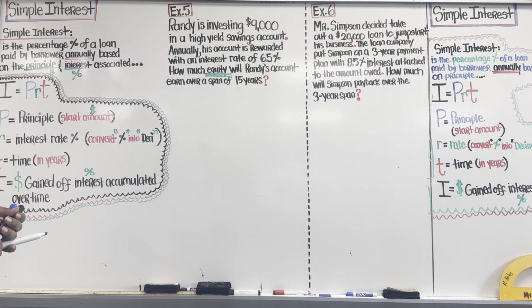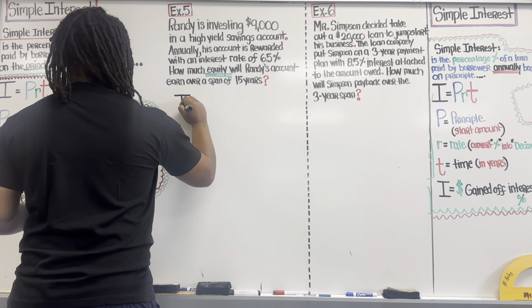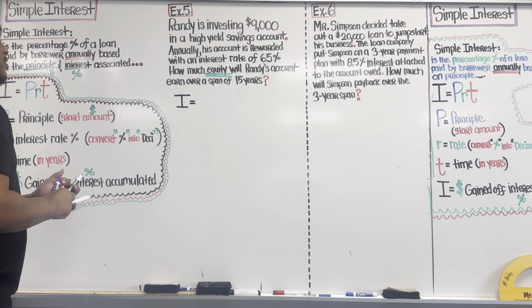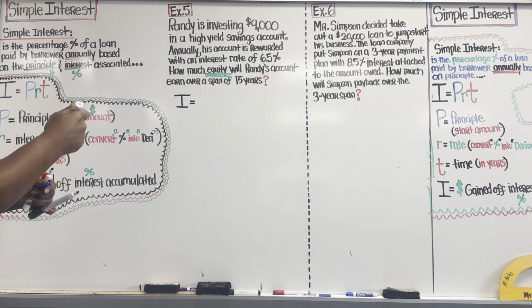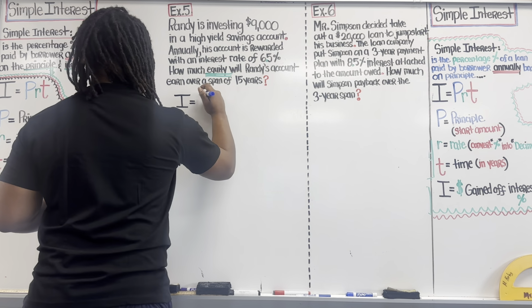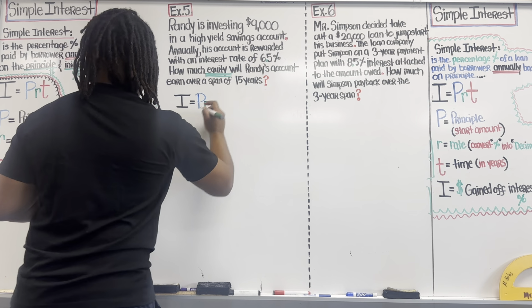So with that being said, guys, of course, when we're looking at simple interest, we have to follow this formula, which is I, which is simple interest, or the value that's gained over time. I equals P, P is the principal or the start amount, all right? I equals P times R. R is the interest rate, all right?